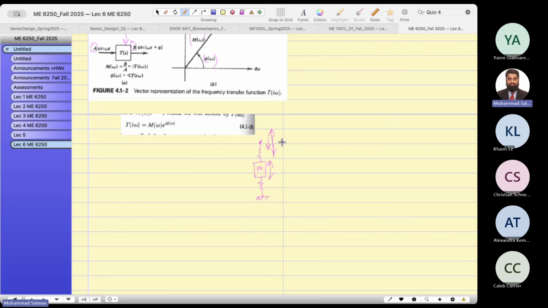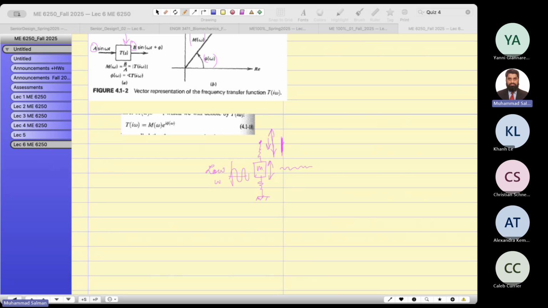But as soon as you increase the frequency of your hand input, the magnitude of this mass decreases. But at low frequency the magnitude is very high. So you will see that in our question, that it will be more clear to you.